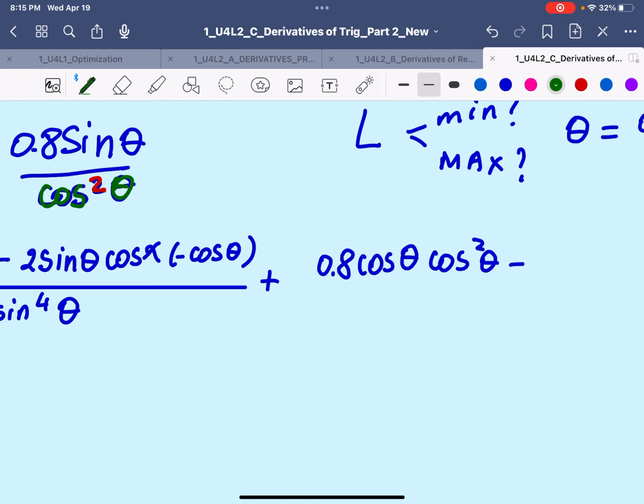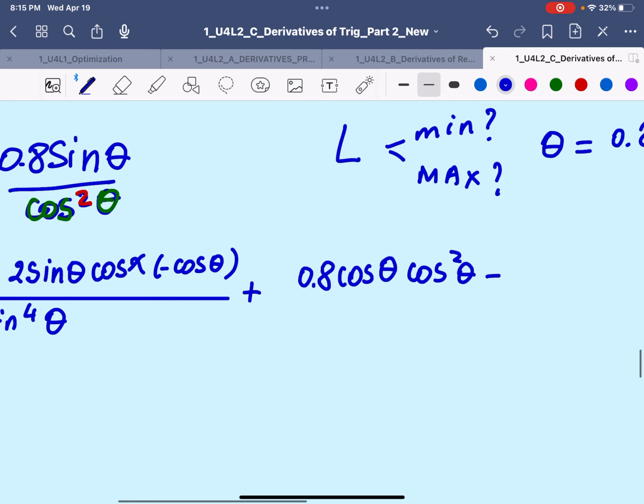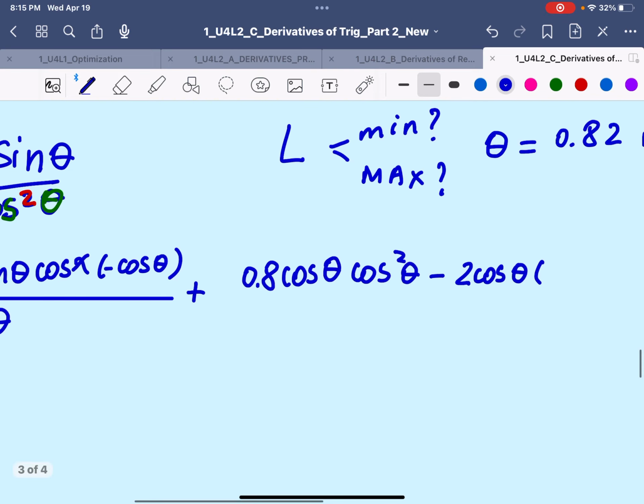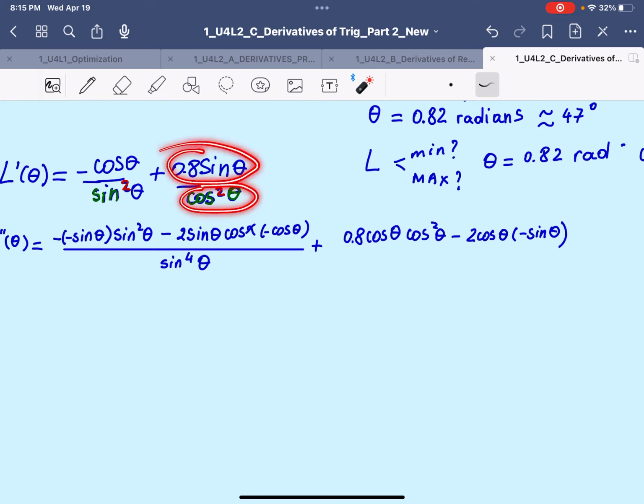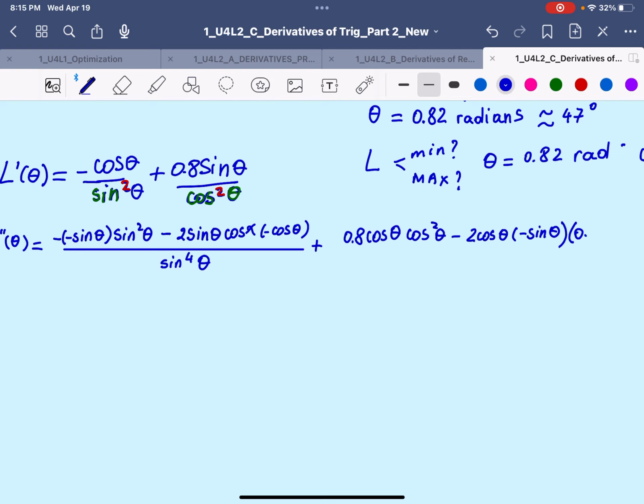So that means we'll have 2 cosine theta to the power of 1, and then times the derivative of cos, which is negative sine theta. And remember, this will be just the derivative of the denominator. You have to multiply by the numerator, which is 0.8 sine theta. All this will be over cosine 4 theta.